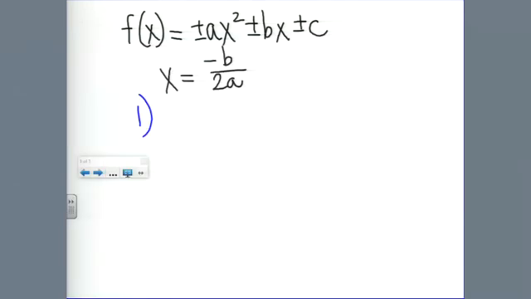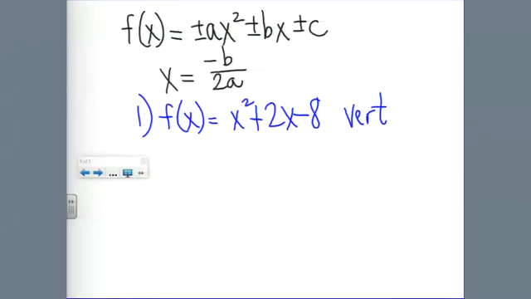Let's look at this first parabola. We have f of x equal to x squared plus 2x minus 8. And we're not graphing this function. All we need to find is the vertex.